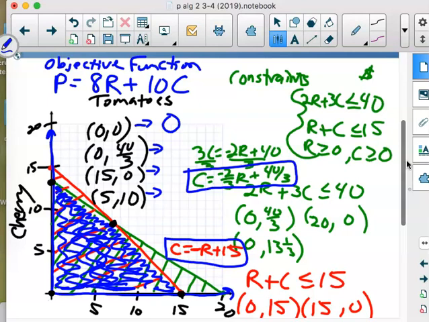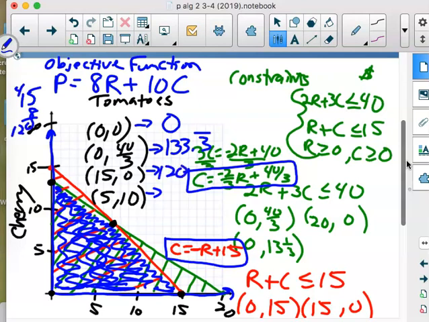So 40/3 times 10. I'm hitting the right buttons. I don't have my glasses on. 133.33333333. So 133.3 repeating. Put a 15 in there. 8 times 15. 120.